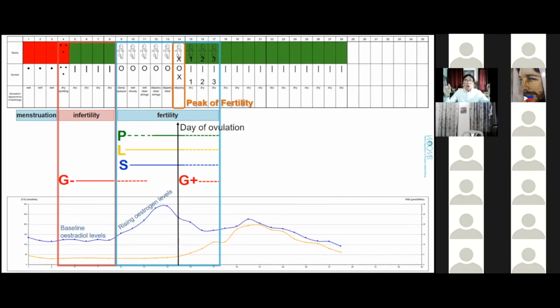In small amount, it will appear, gradually closing the cervix in 3 days. That is why look at the G plus mucus, dotted line in days 15, 16, 17. And during the days of infertility, the 4th day past the peak day, or the 4th day of the luteal, what happens would be what?